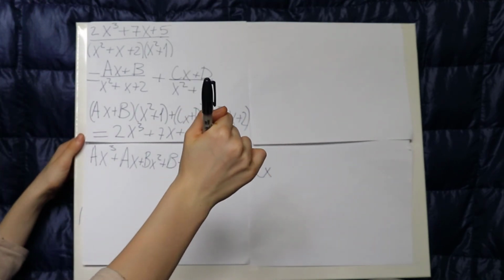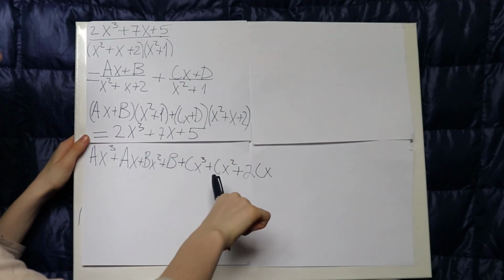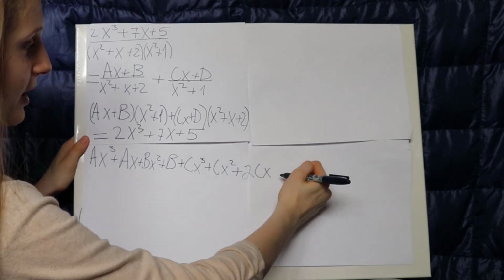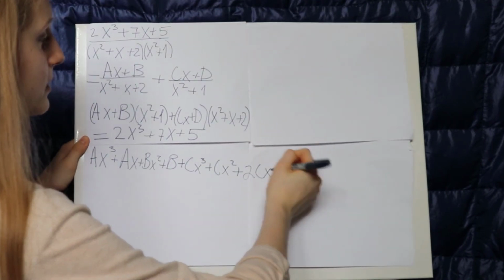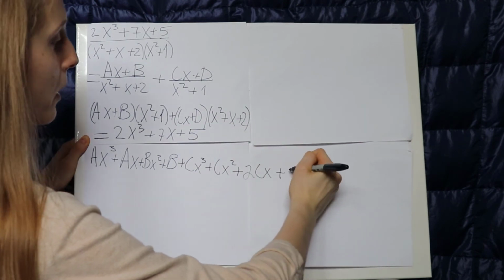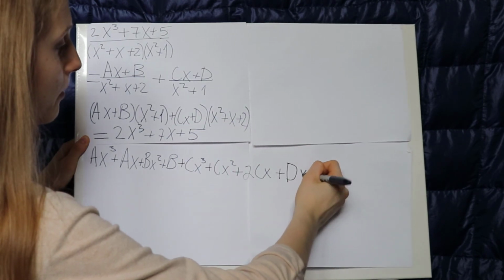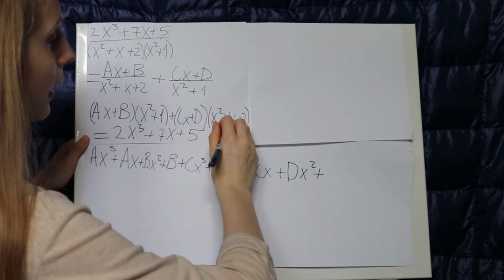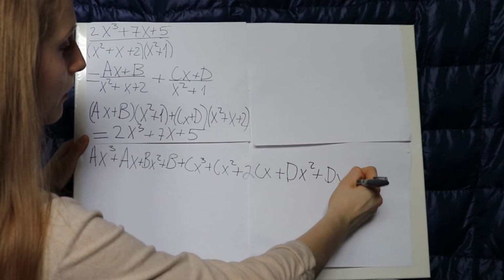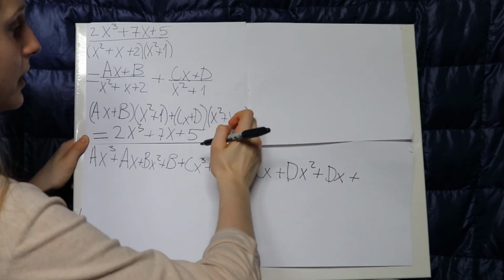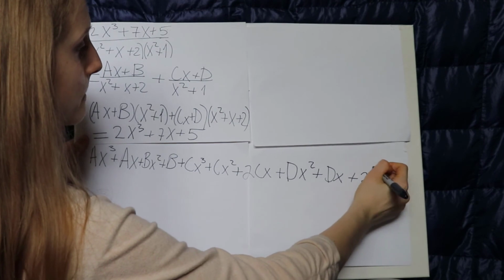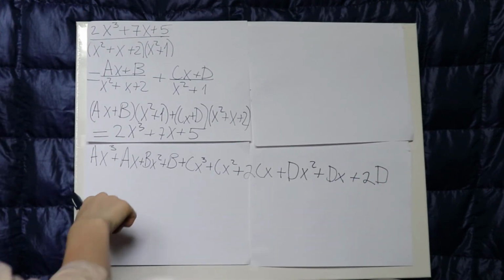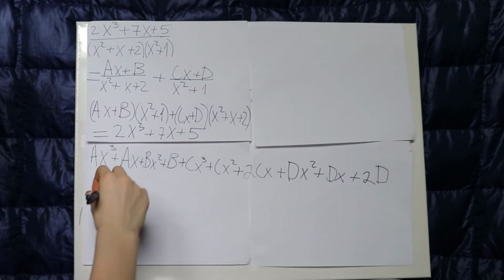And make sure you're doing this with me, so you catch any of my mistakes if I make any. Let's hope I don't. Plus Dx squared plus Dx plus 2D. Phew, okay, that's a long equation.